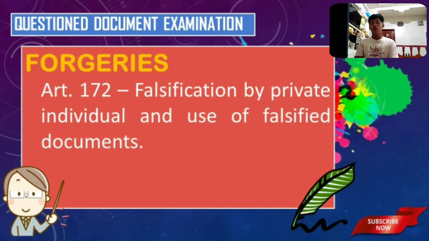So kung gawa-gawa mo yan, kasi gusto mo yung lupa, interesado ka dun sa lupa, kaso ayaw mo namang bilhin, ayaw mong gumastos, so ang ginawa mo, nagpagawa ka ng kontrata, pinalagay mo doon na ako ay pumapayag na ibenta yung lupa ng 50,000 pesos, and so on. Then you try to forge my signature, making it appear that I agreed onto that contract. That would be in violation of Article 172.